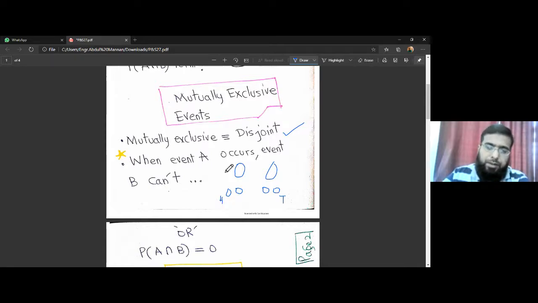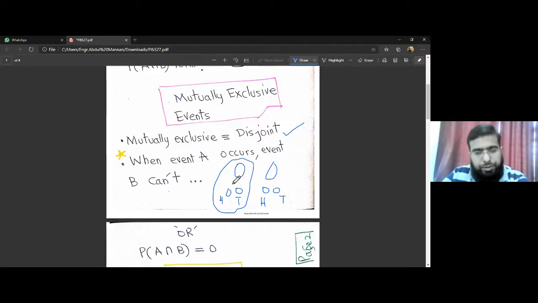But if we consider only one coin, coin 1 or coin 2, in that case, getting a head and a tail on the same coin isn't possible. We can either have a tail or a head on one coin.